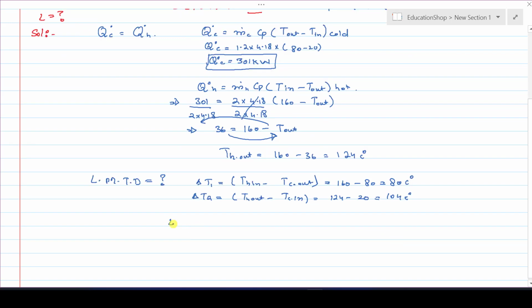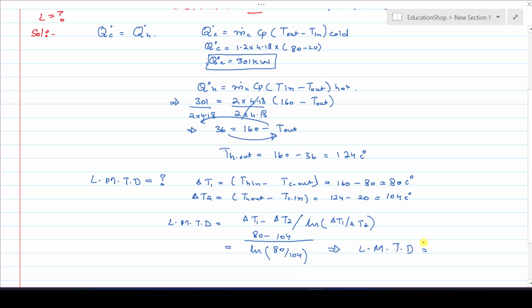We know that the log mean temperature difference is equal to delta T1 minus delta T2 divided by ln of delta T1 divided by delta T2. That is 80 minus 104 over ln of 80 divided by 104. Solve this on the calculator and it will give you the log mean temperature difference, that is 91.5 centigrade.